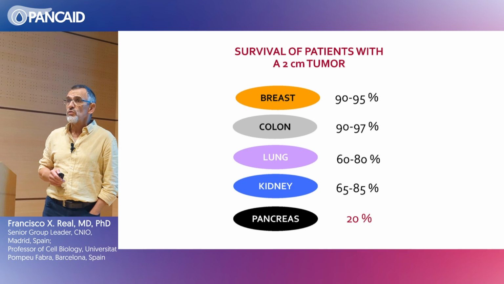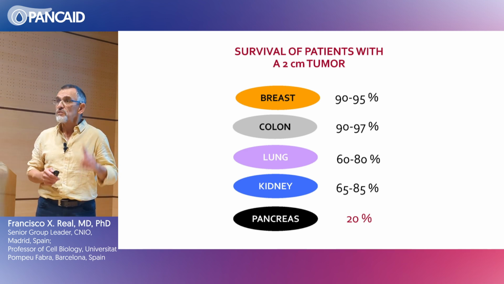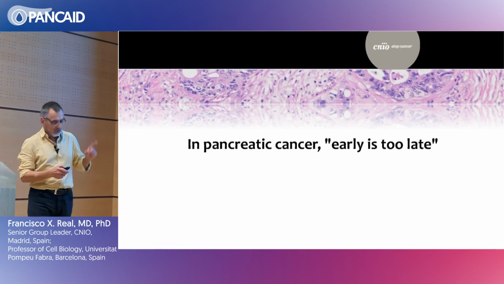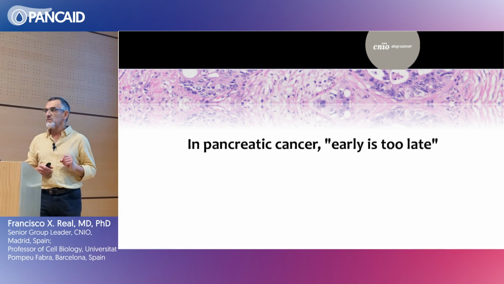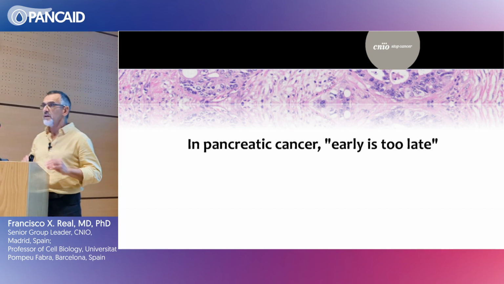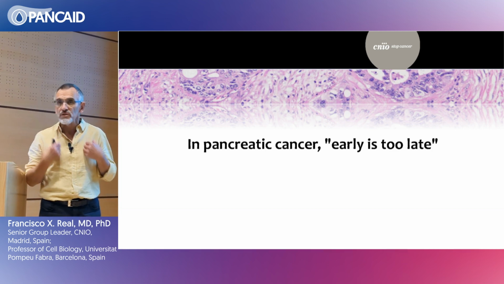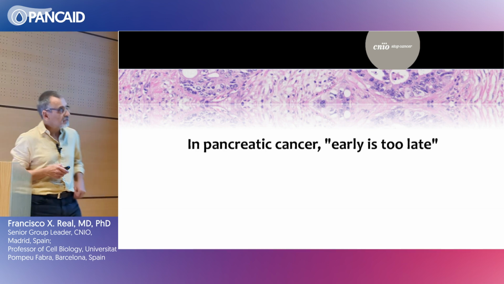If you diagnose pancreatic cancer of 2 centimeters, 2 years, not 5 years, 2 years survival is 20%. So the message is that in pancreatic cancer, early is too late. And that's your business. We're interested, at least my lab is interested, in understanding what happens very, very, very early, because early is too late.